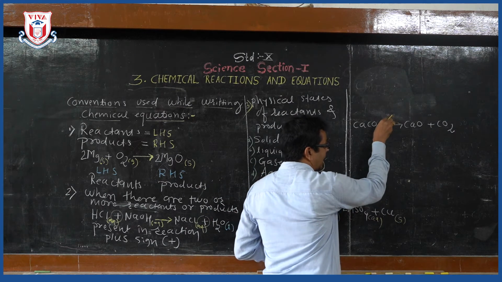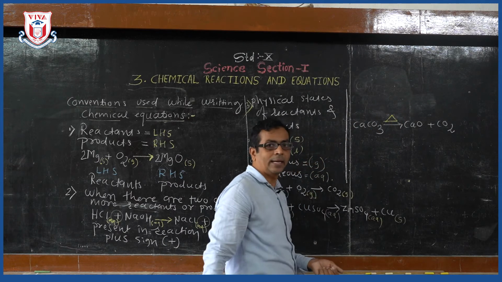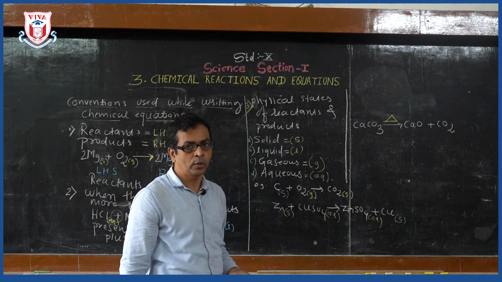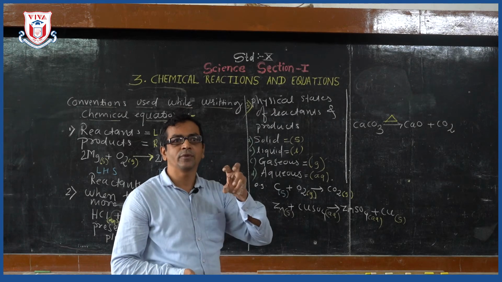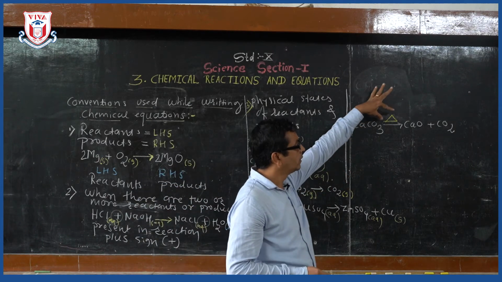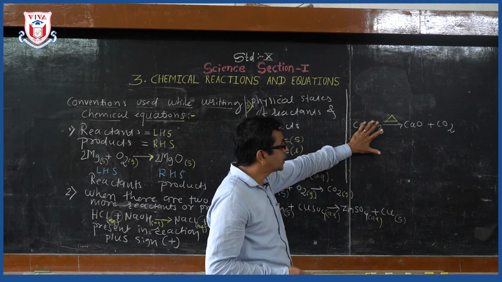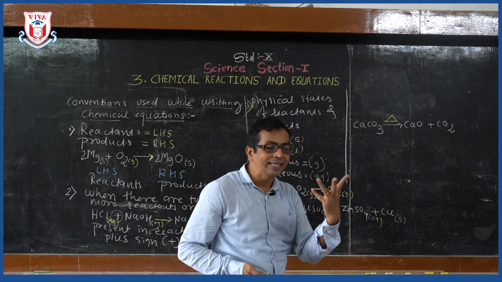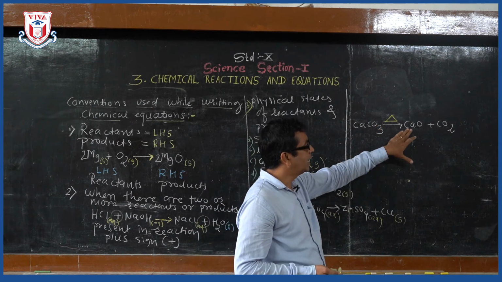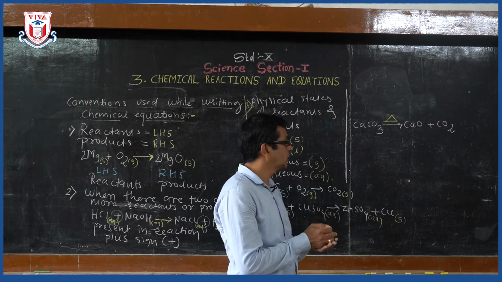So when I supply heat, you have to put a triangle on the arrow. Okay. So in a reaction in which you supply heat from the external, you put a triangle on the arrow. So here calcium carbonate, when I heat it, it will get converted to calcium oxide and carbon dioxide gas.